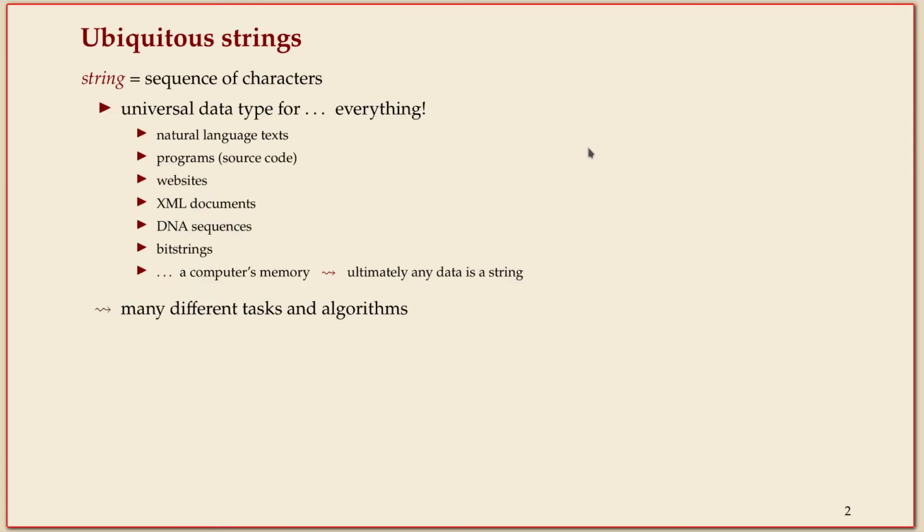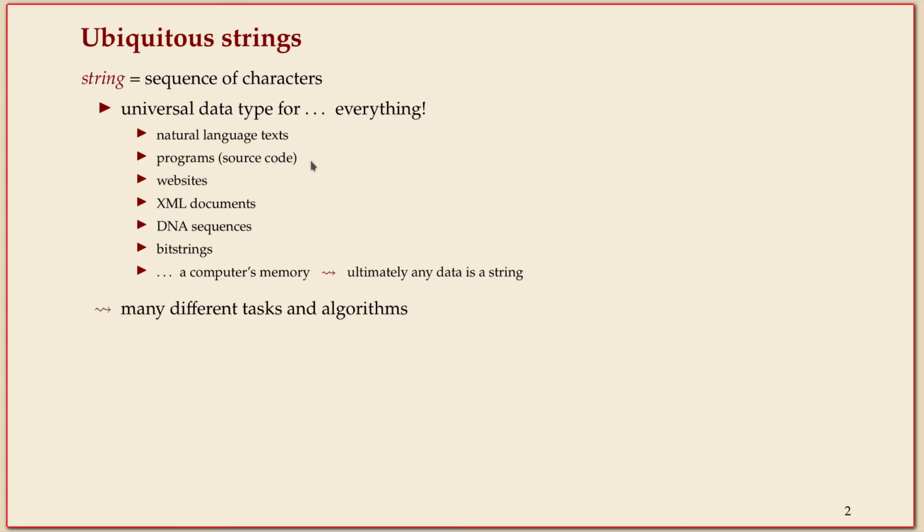So first of all, what is a string? And we're not talking about underwear. It's a sequence of characters for us. The characters can be something we'll talk about in a second. I want to first stress how ubiquitous they are. We use them for natural language texts in one form or another. All languages I know of are based on something like sequences.